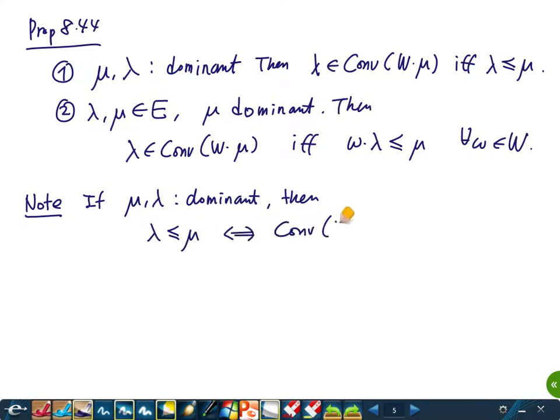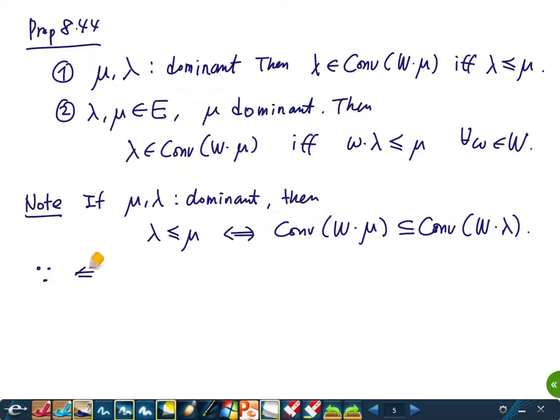The convex hull of the orbit of mu under the Phi group action is contained in the convex hull of the orbit of lambda under the Phi group action. Why is that? Let's see.